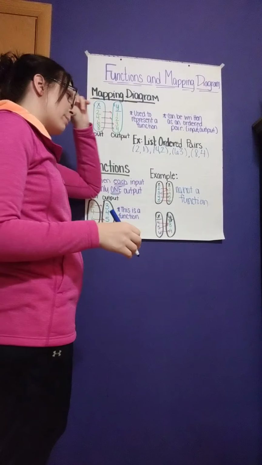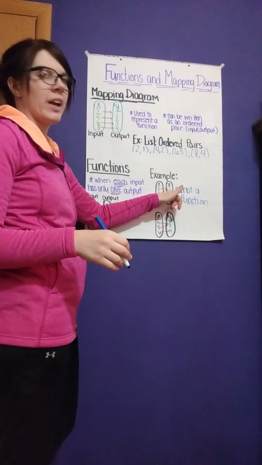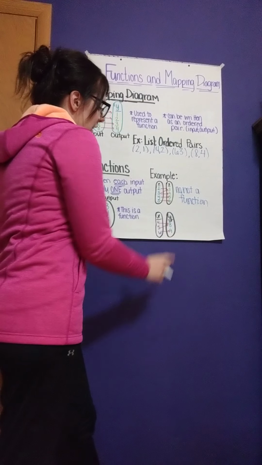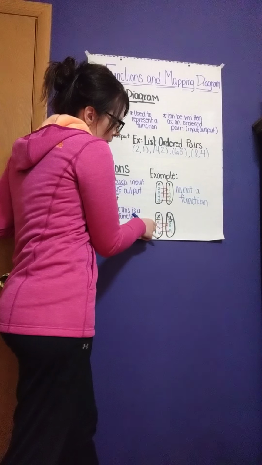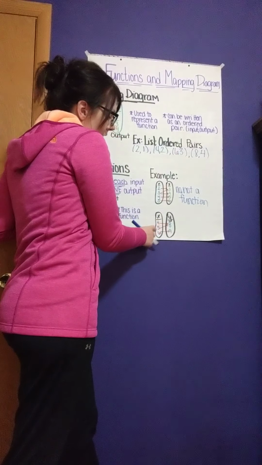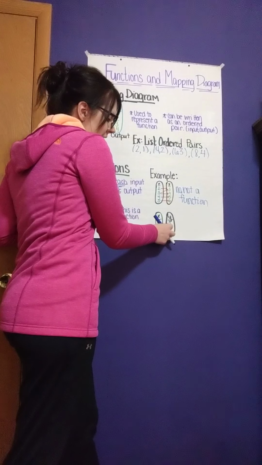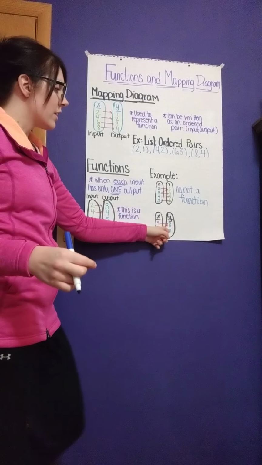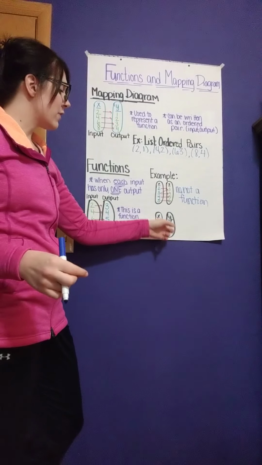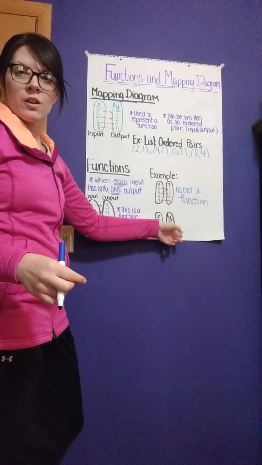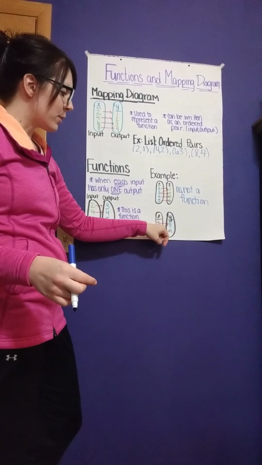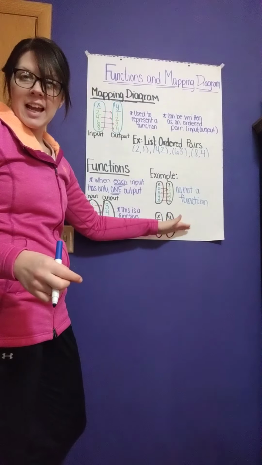It doesn't make sense to say the first time I put a 3 in, I get a 3, and the second time I put it in, I get a 4. Not a function. Now if I look down here, this one is saying I put a 4 in and I get an 8. I put a 5 in and I also get an 8. And I put a 6 in and I get a 9. This one does meet the requirements. Even though I'm getting 8 for 2 of my inputs, it doesn't matter because every time I put a 4 in, I'm still getting 8.